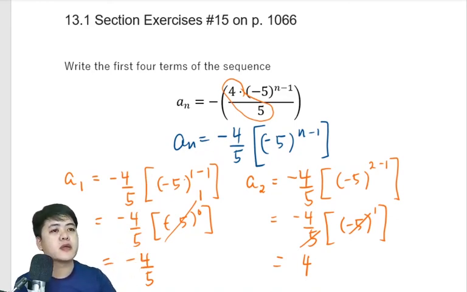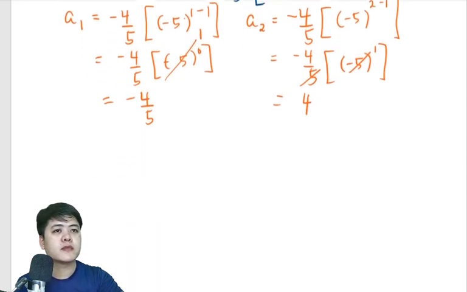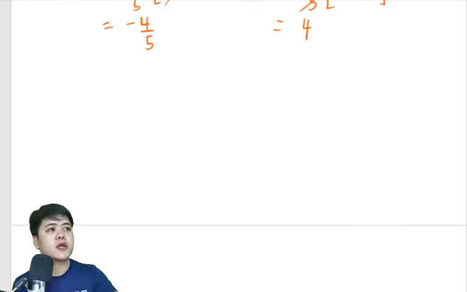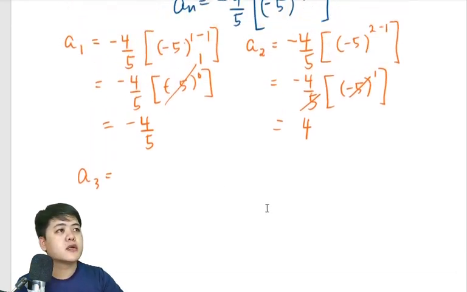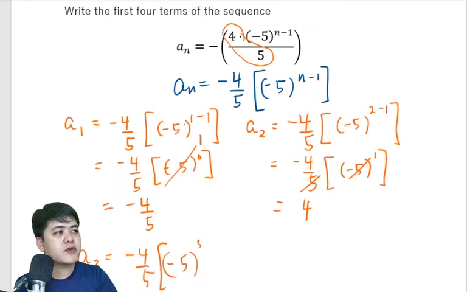Okay? So, let's get a sub 3. To get a sub 3, we substitute 3 to the formula. Negative 4 over 5 times negative 5 raised to 3 minus 1. Okay.